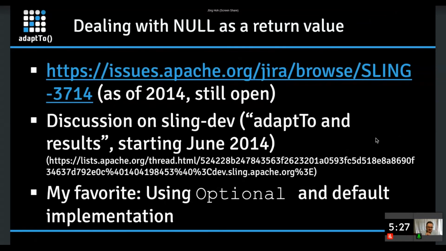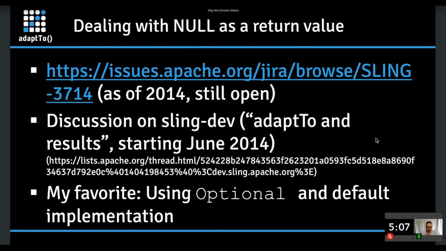And actually, I'm not sure if adaptTo relates to the conference or to the call, because June 2014 was before the yearly adaptTo conference. So it was a discussion, open-ended, no conclusion.